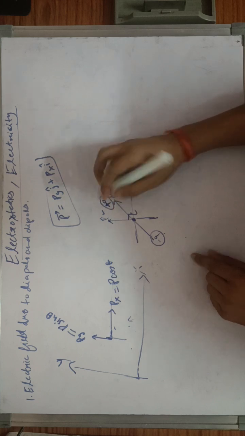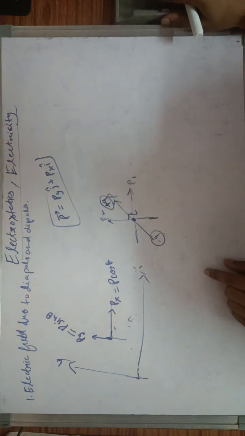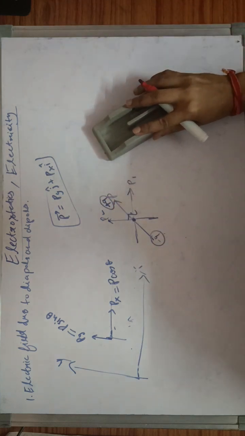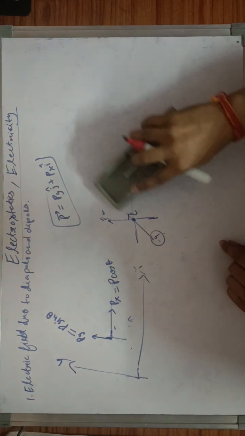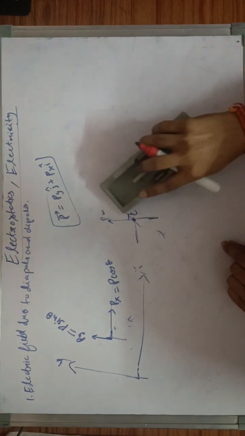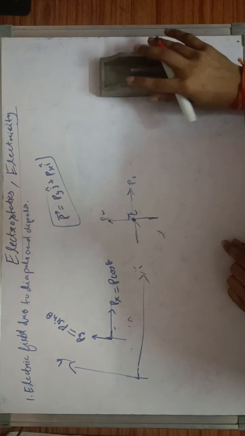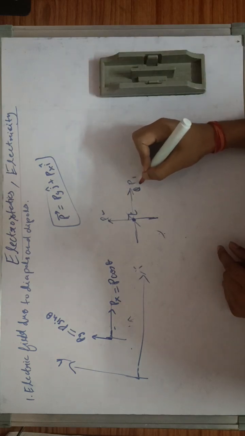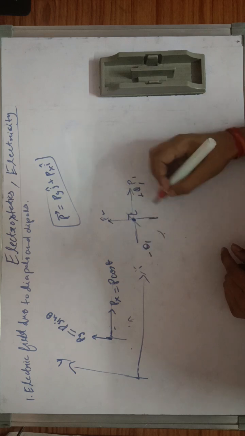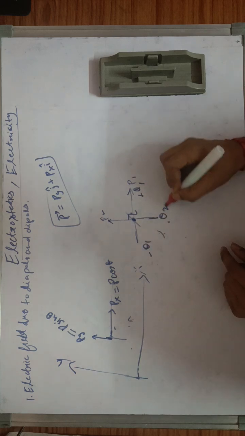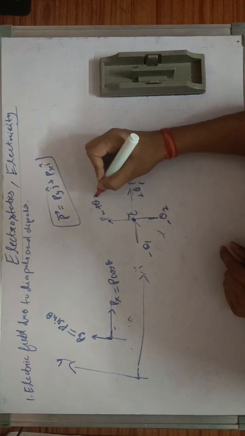So we can assume that if there was a minus q charge here and plus q charge here, I can replace it with a system where this whole system looks like this: one charge plus q1 here, minus q1 here, minus q2 here, and plus q2 here.